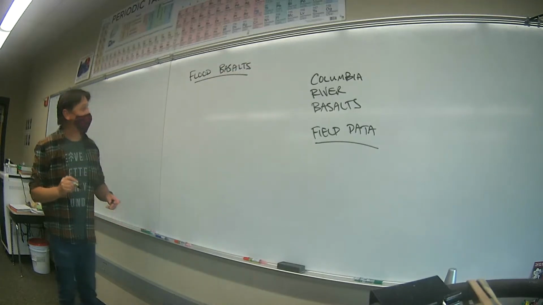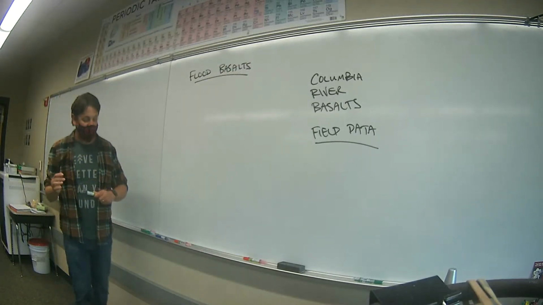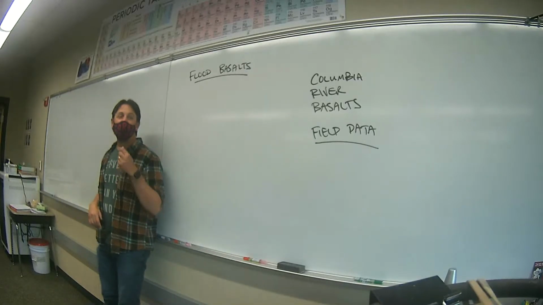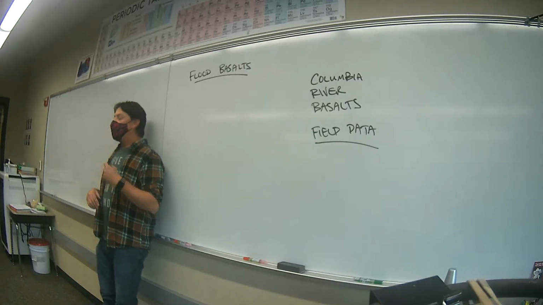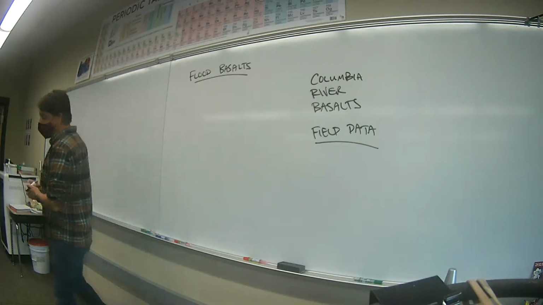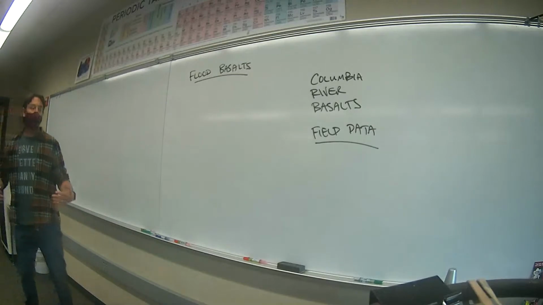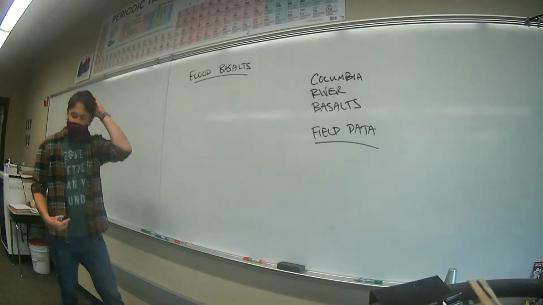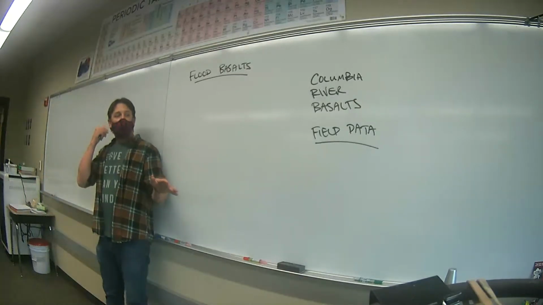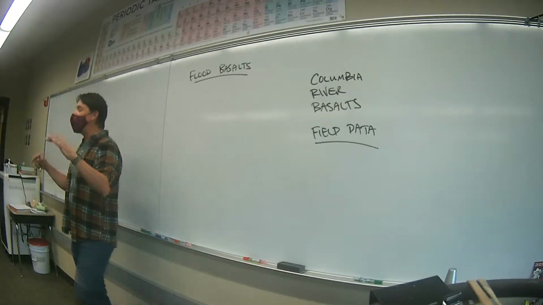Flood basalts. Flood, like Noah's Ark and stuff? Nah, man, not like water flood, but like what water does in a flood. In a flood, water fills in all of the low ground everywhere. And there's a lot of it, and it covers everything.